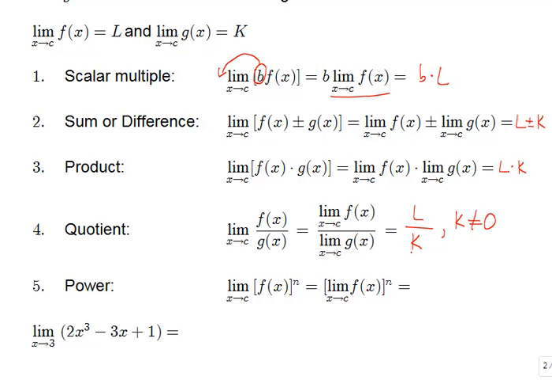Otherwise, we would be dividing by 0, and this would be undefined. Okay, our last limit law here is the limit of a function raised to a power. What we get to do is take the limit of just the function itself and then raise that answer to our power. So if the limit of f is L, then our limit of our function to a power would just be L to the n.